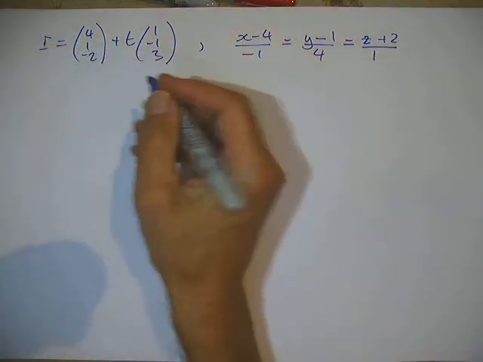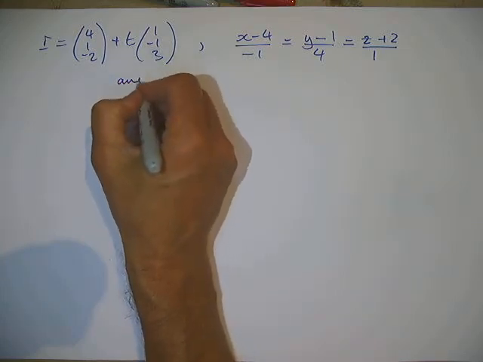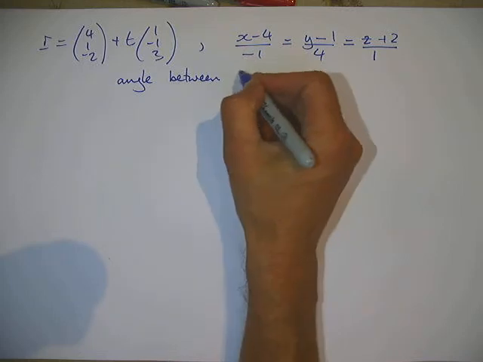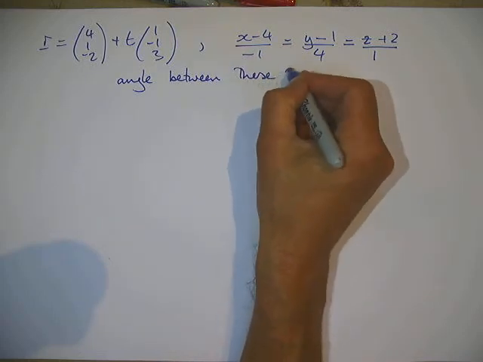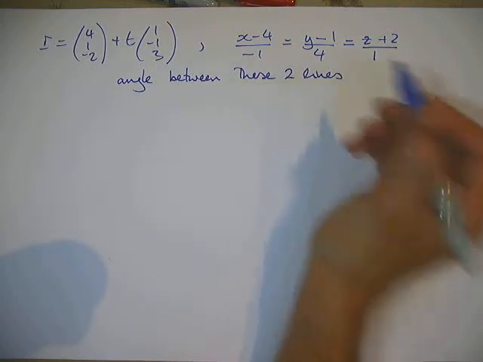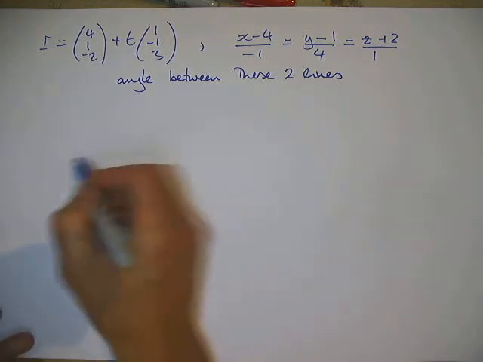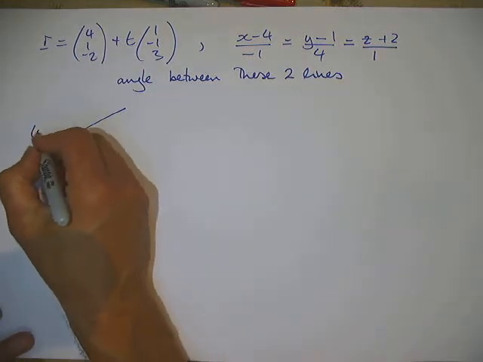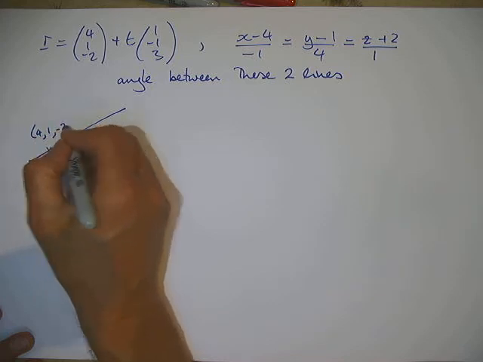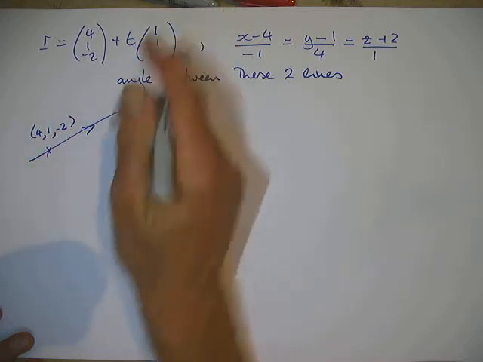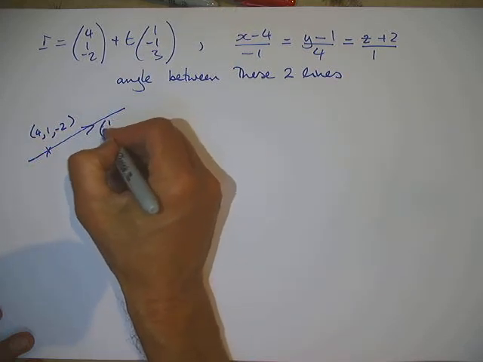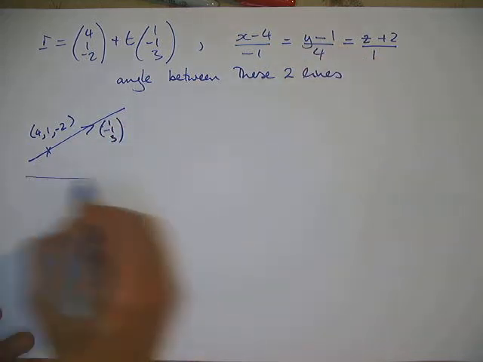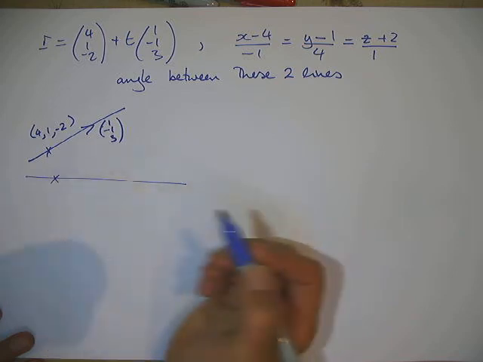If I wanted the angle between these two lines, so we've got the first line, which might have a point (4, 1, -2) on it, and a direction of (1, -1, 3). The second line, they may or may not intersect.